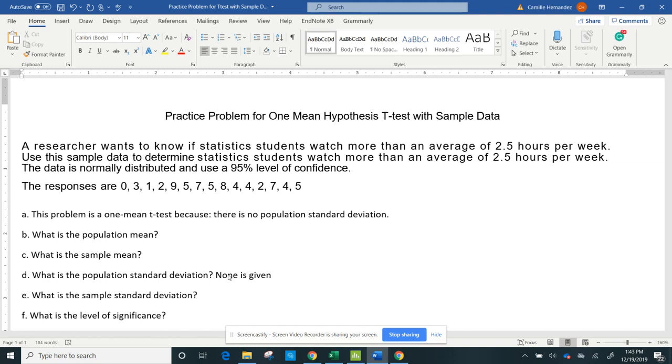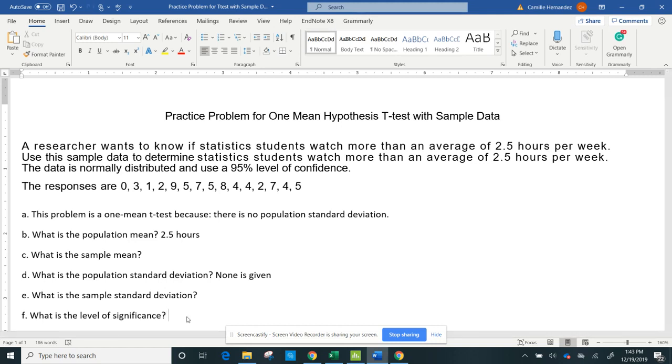Then it asks for my population mean, and my population mean is given in the problem. It is 2.5 hours. I don't have my sample mean, but I have a sample itself so that I can find it. Same with sample standard deviation. Level of significance. Well, I don't have a level of significance.